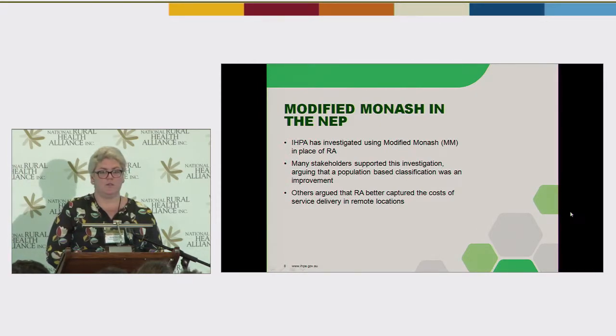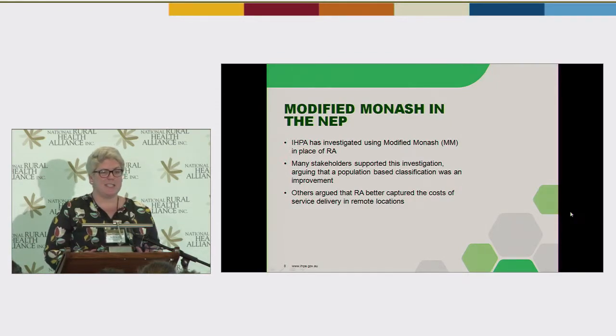We consult with all states and territories and other key stakeholders while developing the NEP, because it has such a large impact. We're determining how much Commonwealth funding should be allocated to hospitals and how that funding should be spread between LHNs and also jurisdictions. We get a lot of feedback from these jurisdictions, and Modified Monash has come up quite a bit, so it's definitely in the forefront of people's minds.